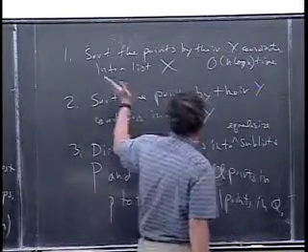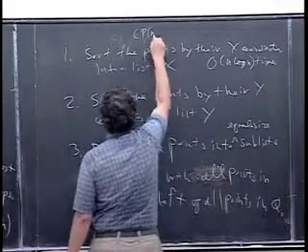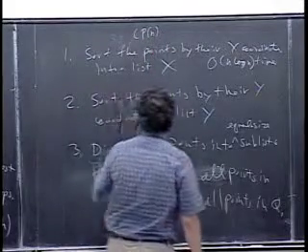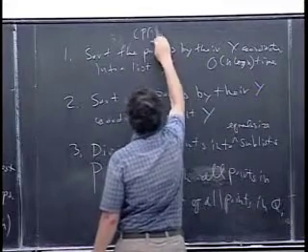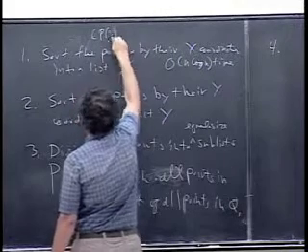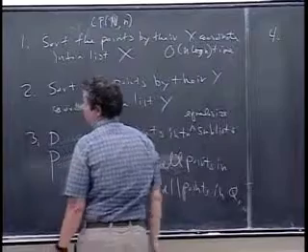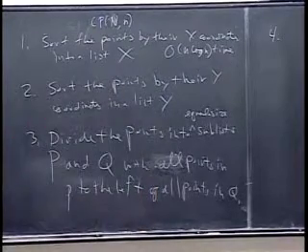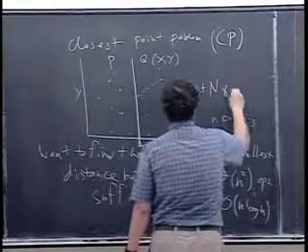So I'm just calling this the closest point problem. We want to find the closest point among all n of those. The original set is a set N of size n. N points.